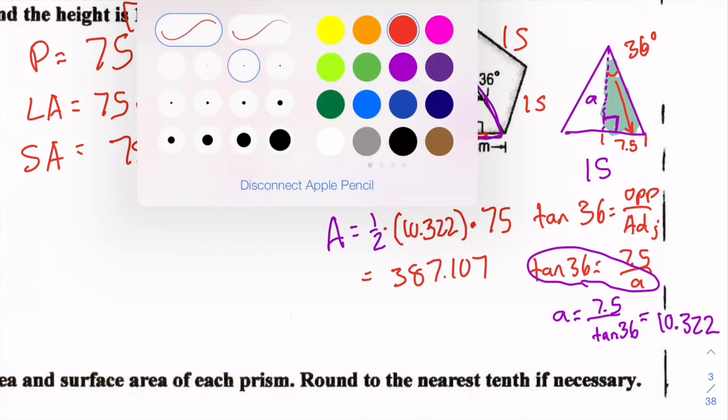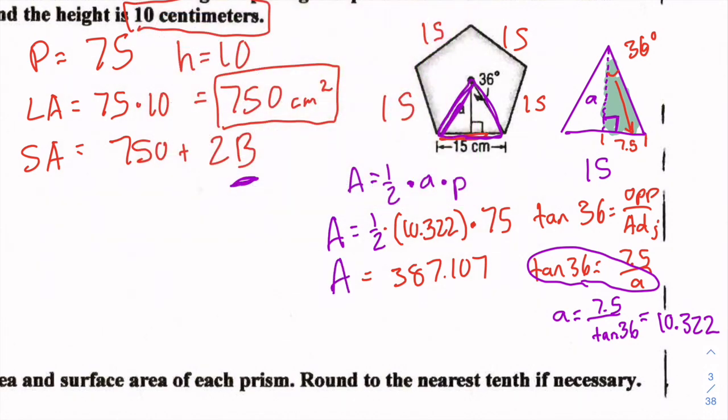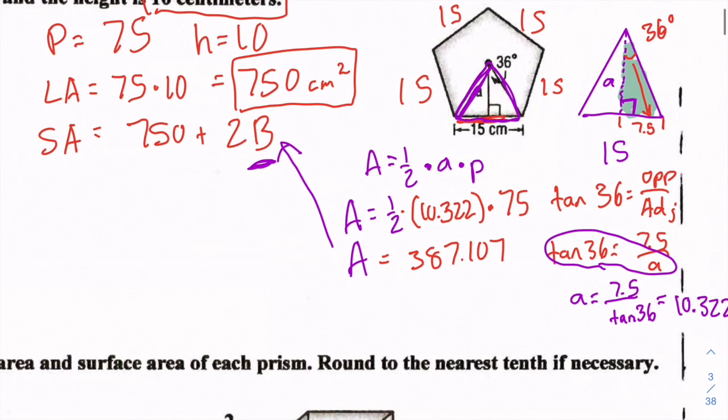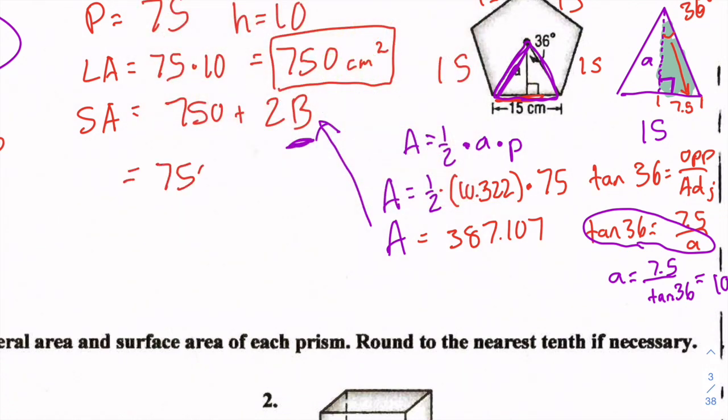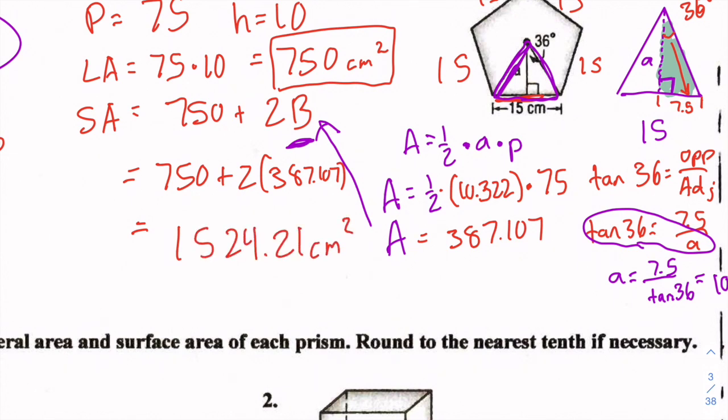This area represents the base area, so it's the same as this B. Lastly, we just plug it in: 750 plus 2 times 387.107. This should get me 1,524.21 centimeters squared. Boom.